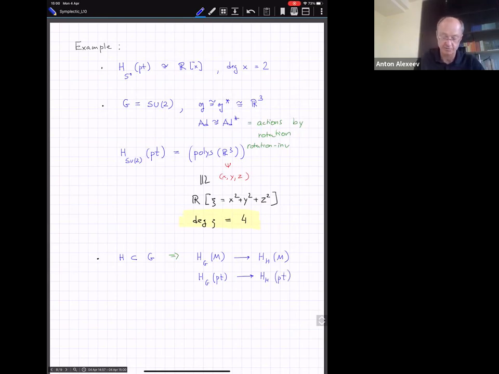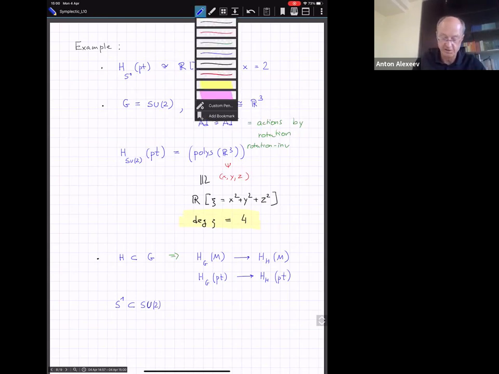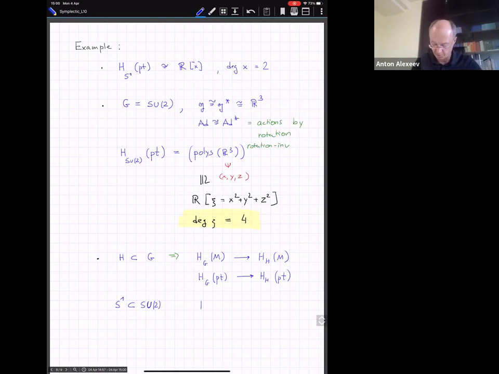So in our example, S^1 is a subgroup of SU2, and we can ask a question. So what is this map to H_{S^1} of a point? So we already know that this guy is R[X], and this guy is R[Xi]. So what is this map?